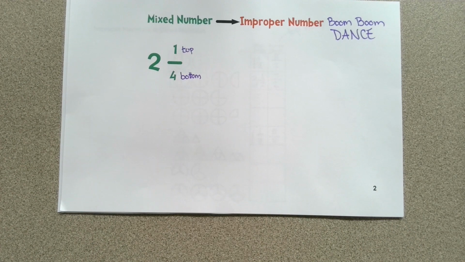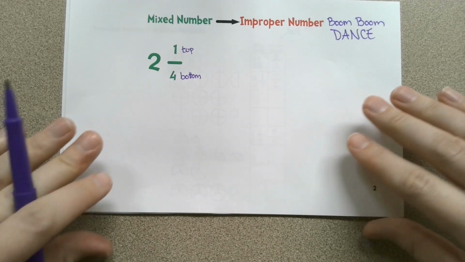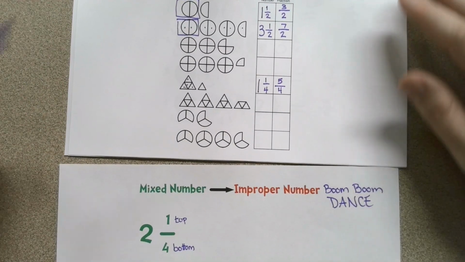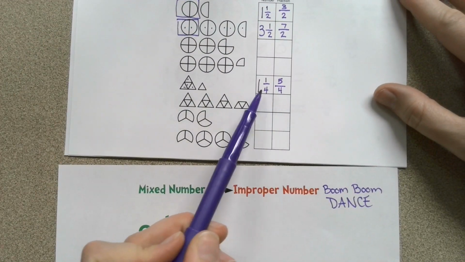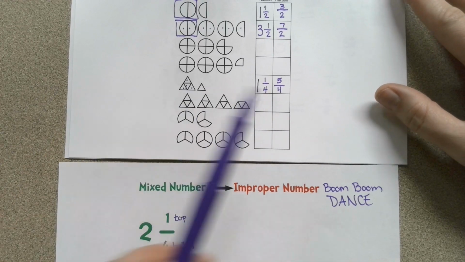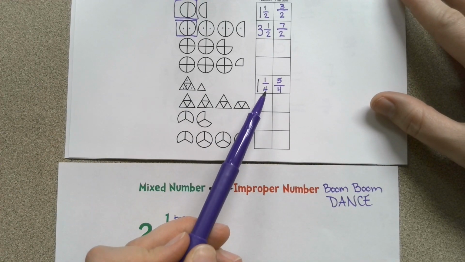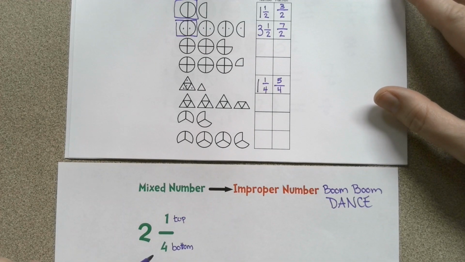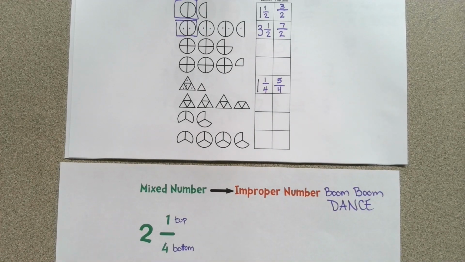So when we're trying to convert a mixed number to an improper fraction, just like we were working with before, there's a connection between them. The denominator is telling us, well, how many pieces are in one full unit? So in this case, there are 4 pieces that create one whole.